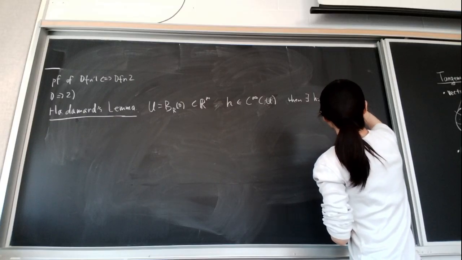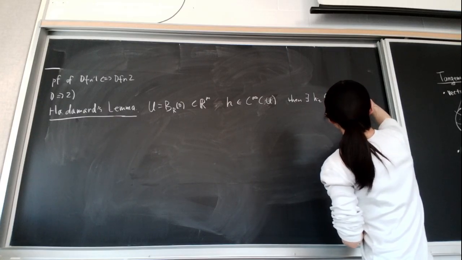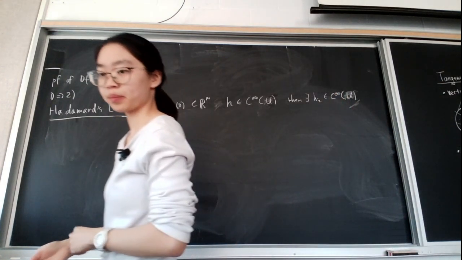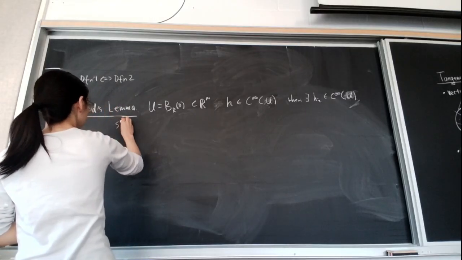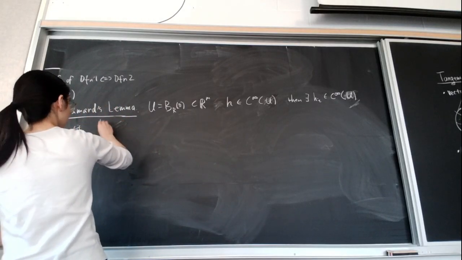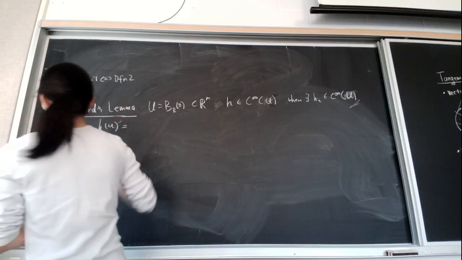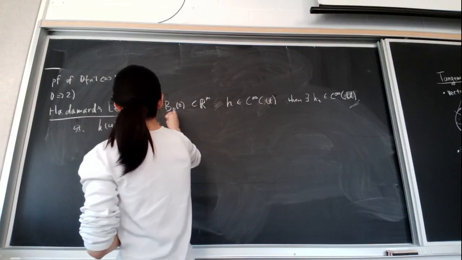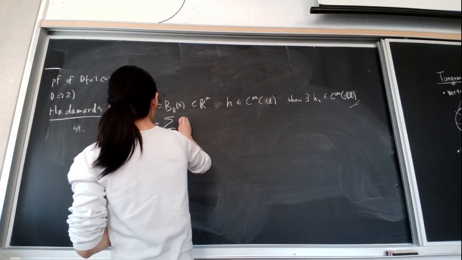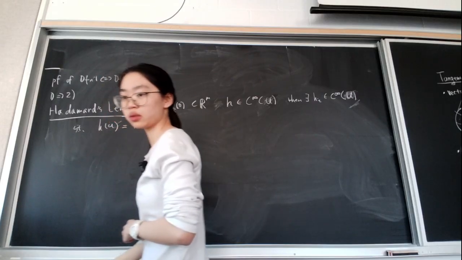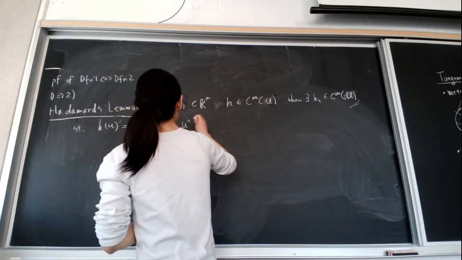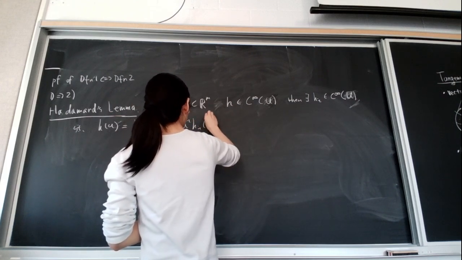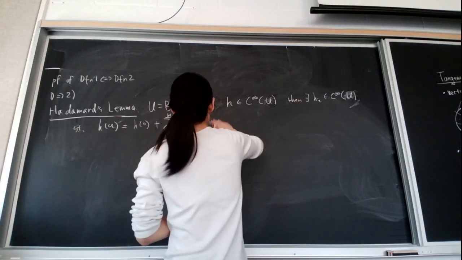also smooth functions on U, such that h of u is equal to h of 0 plus the sum from i equals 1 to m of ui, where this is a component of u, times hi of u.